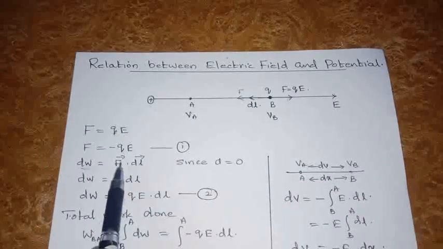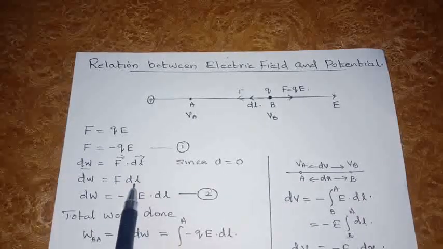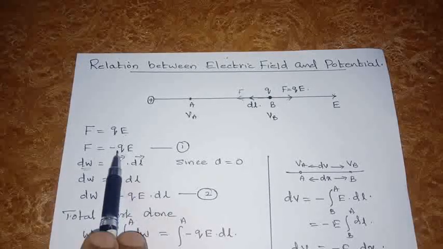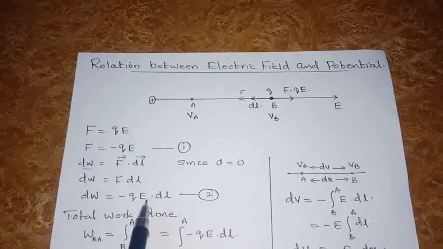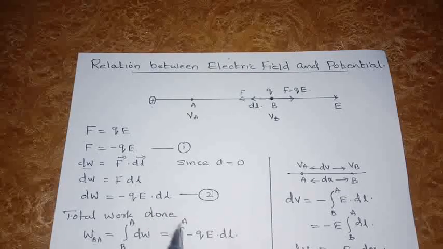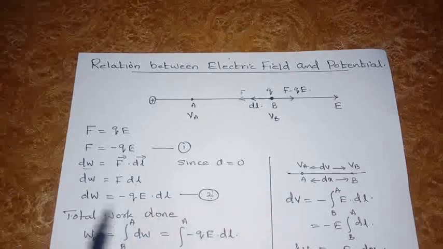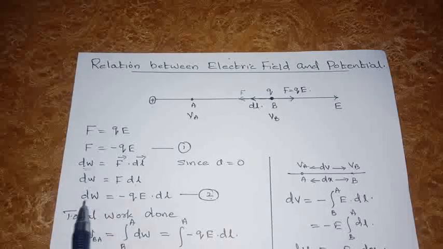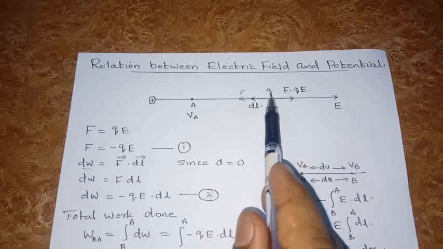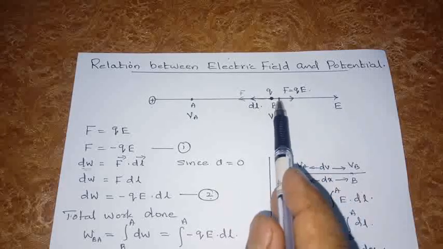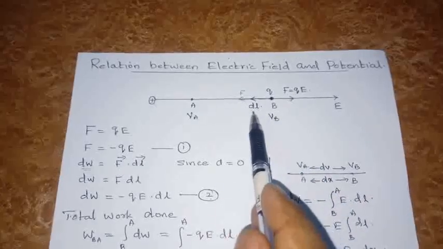Therefore F dot dl can be written as F dl, because cos of 0 is equal to 1. So this is the small amount of work done, and here F can be substituted as minus QE. So dW is equal to minus QE into dl. Put this as equation number 2. What is this dW? dW is the small amount of work done in order to move the charge Q against the electric field through a small distance dl.